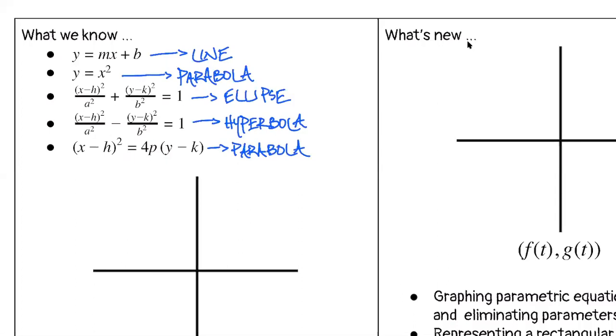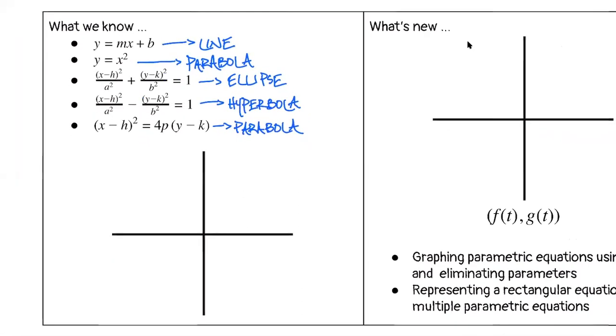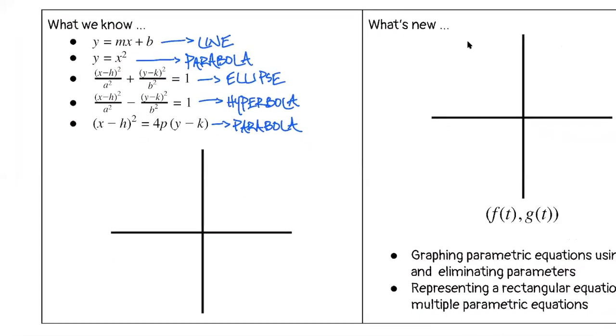Okay, so that's just a smattering of the functions that, as you've gone through your academic career, have been really sticky, things that you want to know what they look like. And when we think about all the graphs that we've done, we've done them on something called a rectangular plane.